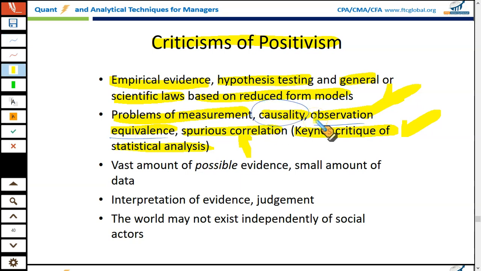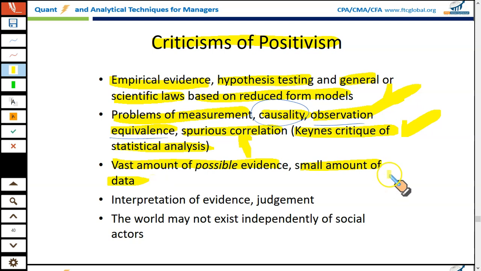Next it says vast amount of possible evidence, small amount of data. There could be a lot of potential evidence available to test theories, but only a small amount of data is actually used.